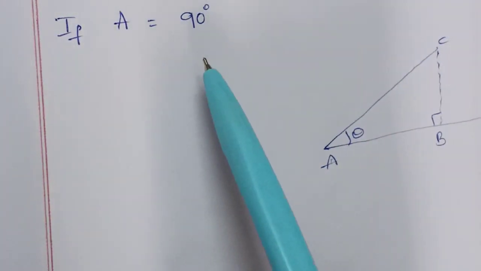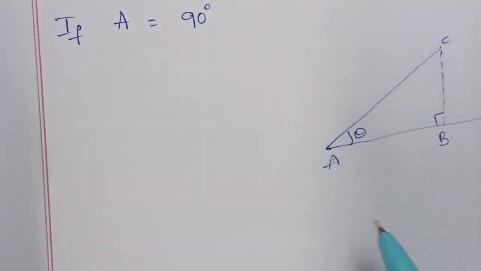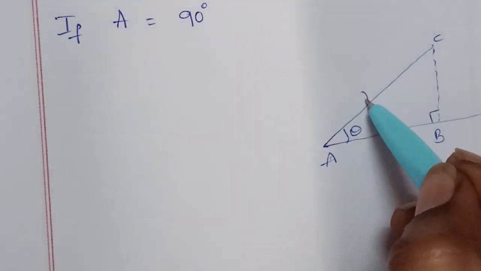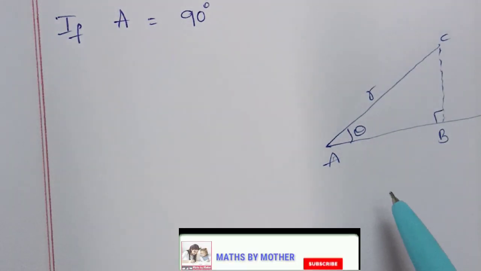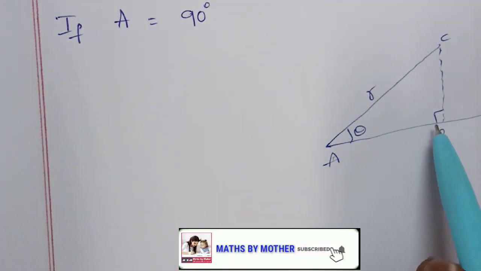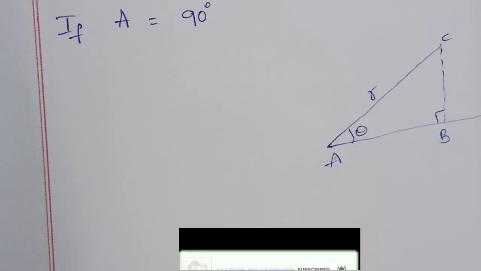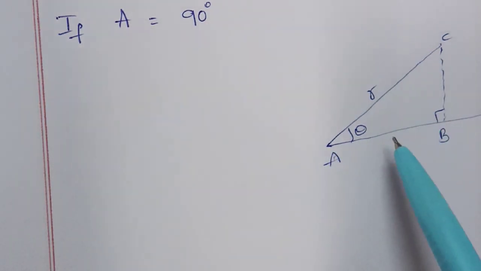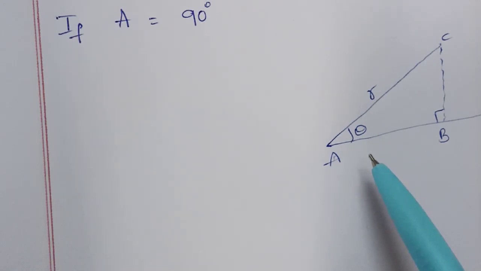If A is equal to 90 degrees, here the ray R is away from the side AB. So gradually the height of BC increases, the angle on C gets continuous increment. At last the angle reaches 90 degrees.